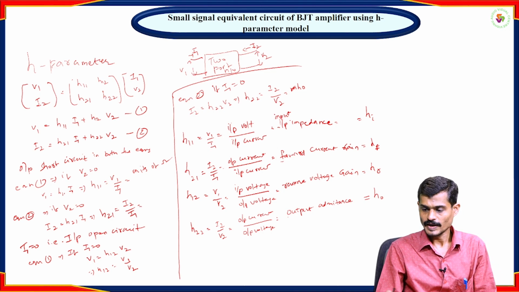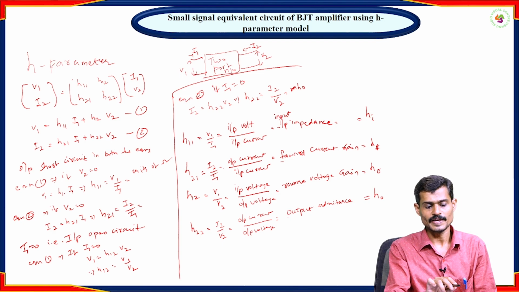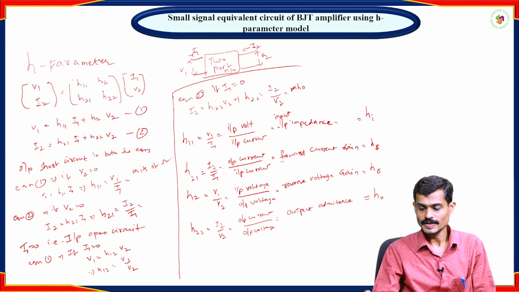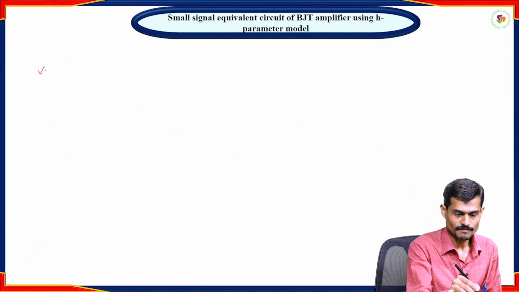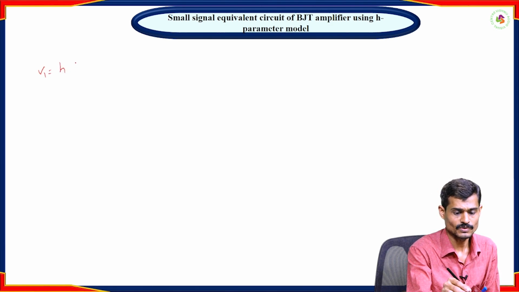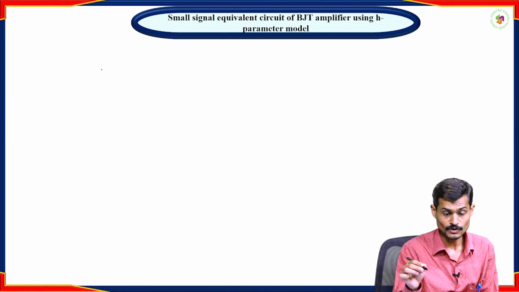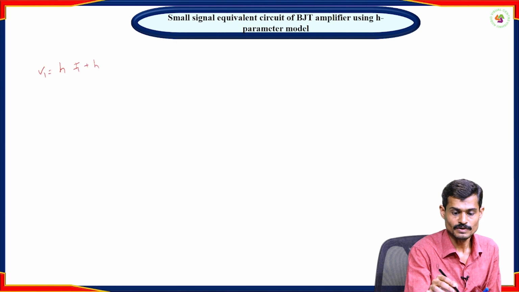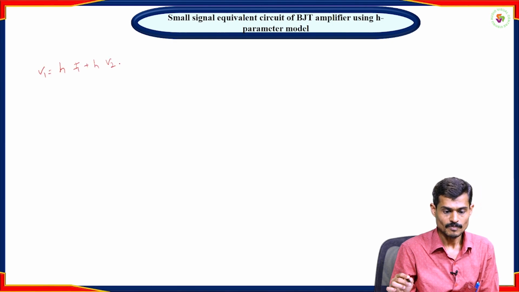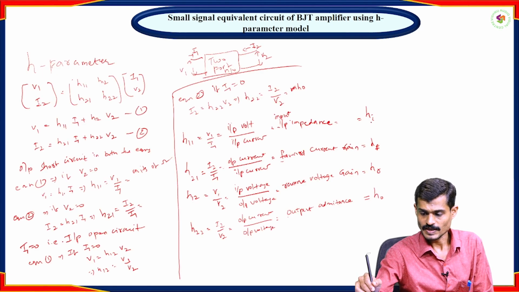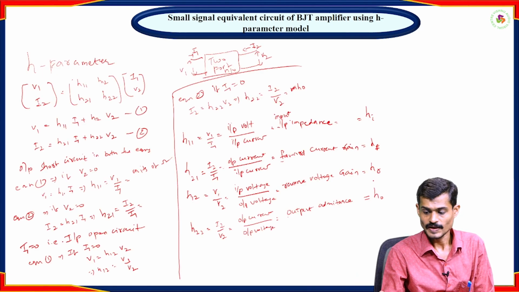Now I am rewriting V1 equals H11 into I1 plus H12 into V2 in terms of HI, HF, HR and HO. H11 is already represented as HI and H12 as HR.